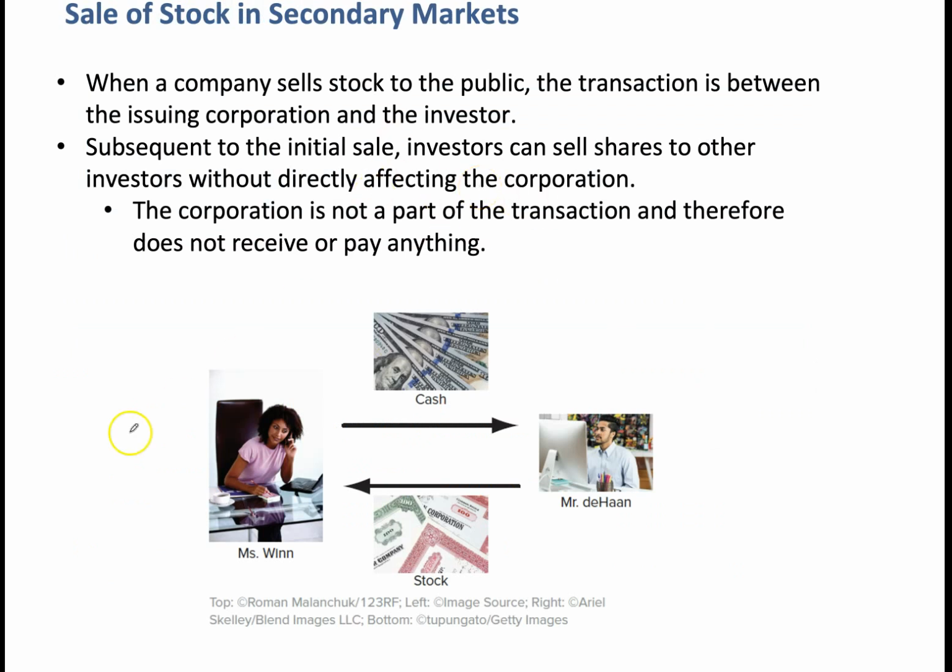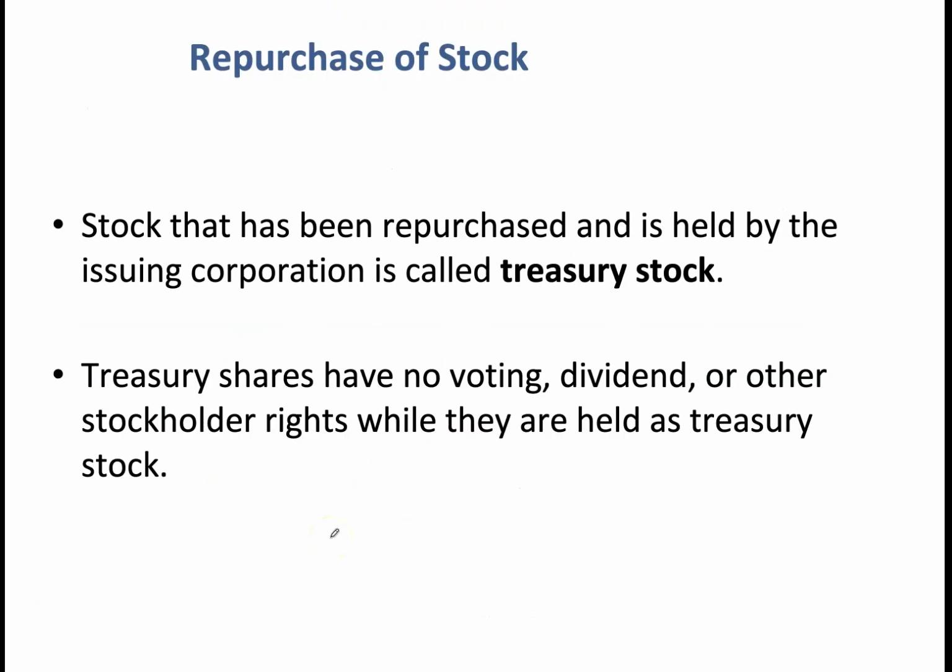All right, now let's talk about repurchase of stocks. A company could repurchase their own stocks, as we mentioned at the beginning, and such stocks, when they are repurchased, are called treasury stocks.